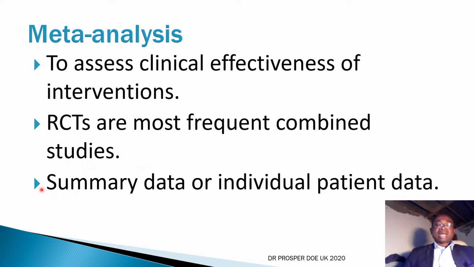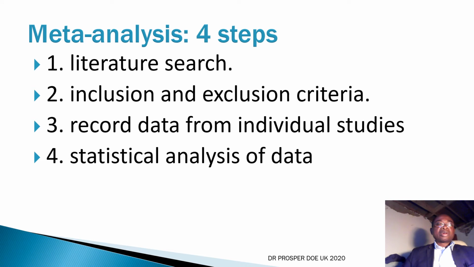Summary data or individual patient data is used. Meta-analysis has four steps. First, literature search. Secondly, inclusion and exclusion criteria. Third, record data from individual studies. And fourth, statistical analysis of data.